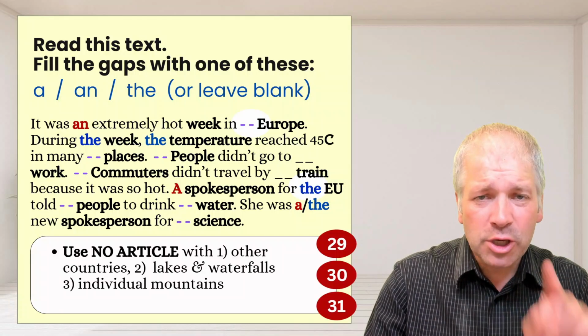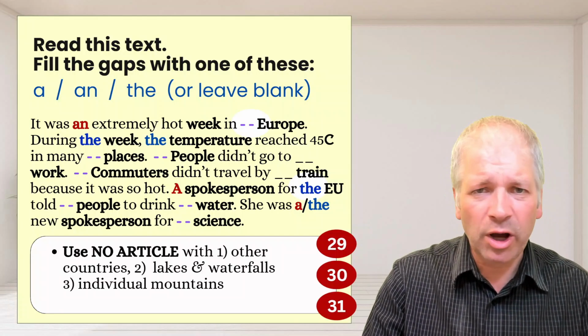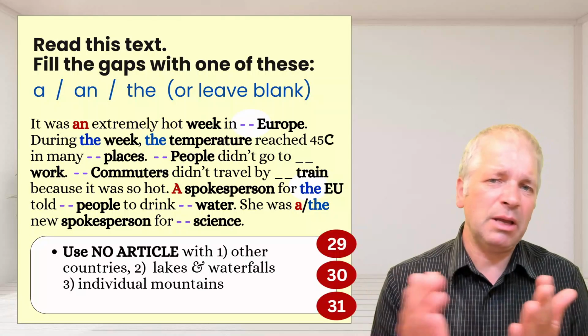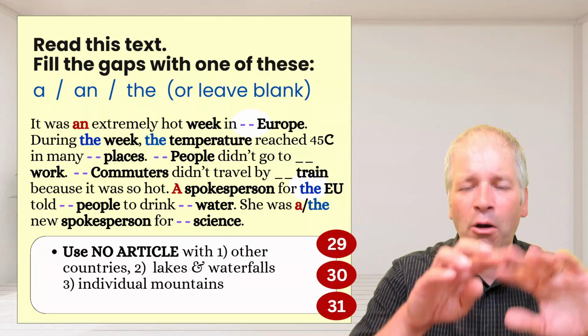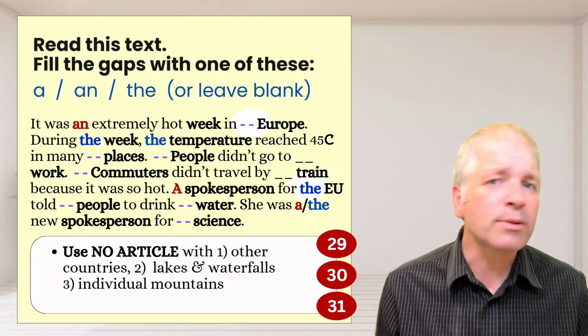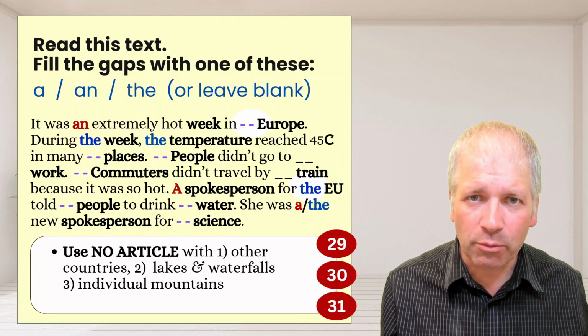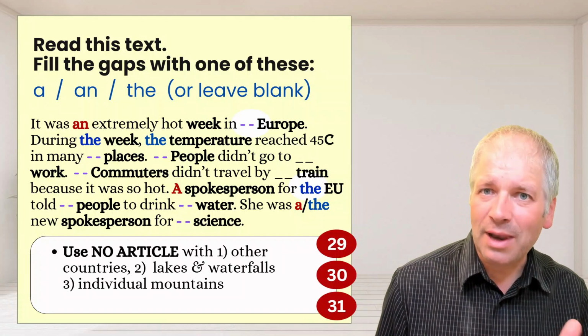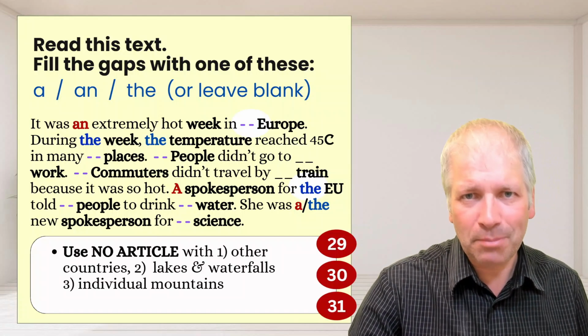No article before Europe. Europe is not a word you'd find in the dictionary, except it doesn't exist apart from the name of the area. It's not a group of islands and it's not plural. So no article before Europe. Also no article before lakes, waterfalls and individual mountains.